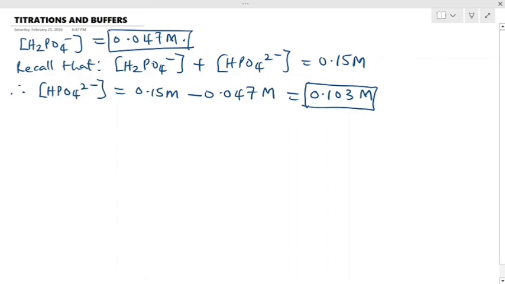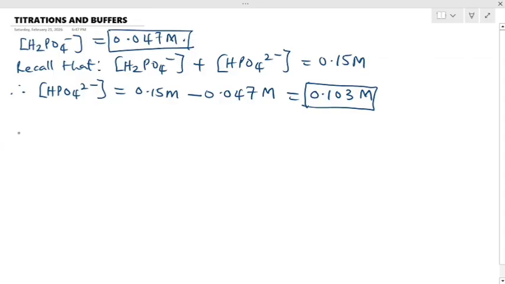Great. So we've known the concentrations of the two individual species, which is what we need. However, in the question, what is needed is in grams and not in moles per liter.